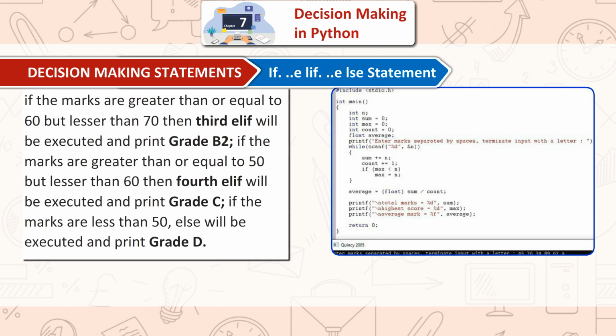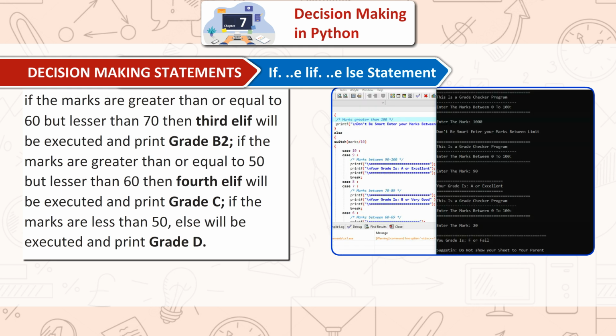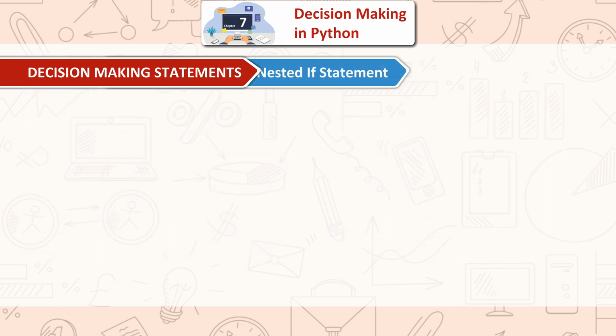If the marks are greater than or equal to 60 but lesser than 70, the third elif will be executed and print grade B2. If the marks are greater than or equal to 50 but lesser than 60, the fourth elif will be executed and print grade C. If the marks are less than 50, else will be executed and print grade D.